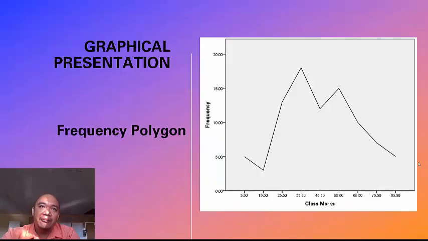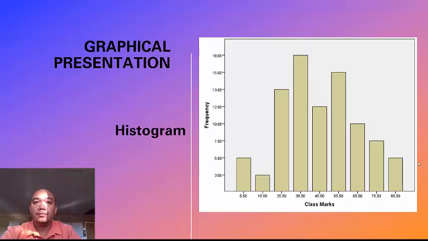Okay, another graphical presentation is through frequency polygon. So frequency polygon is characterized by class marks on the horizontal axis, and then the vertical axis are the frequencies of your data. And then histogram.